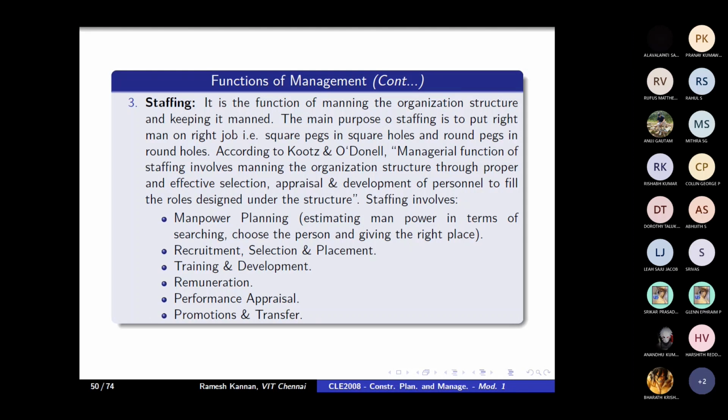It's more like the HR job, the human resource manager's job, to identify people if they don't have people with a particular qualification or experience, or if they do, to decide how to make use of them for the project or the overall organizational objective or goal. So it is finding the right people for the right job. That's basically staffing, right?